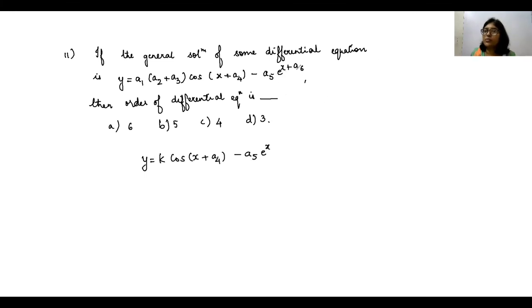Also, e raised to x plus a6 can be written as e raised to x into e raised to a6, which again is one single constant, say m. So in fact, in this general solution, we have 1, 2 and 3 constants. So the order of the differential equation will be 3.